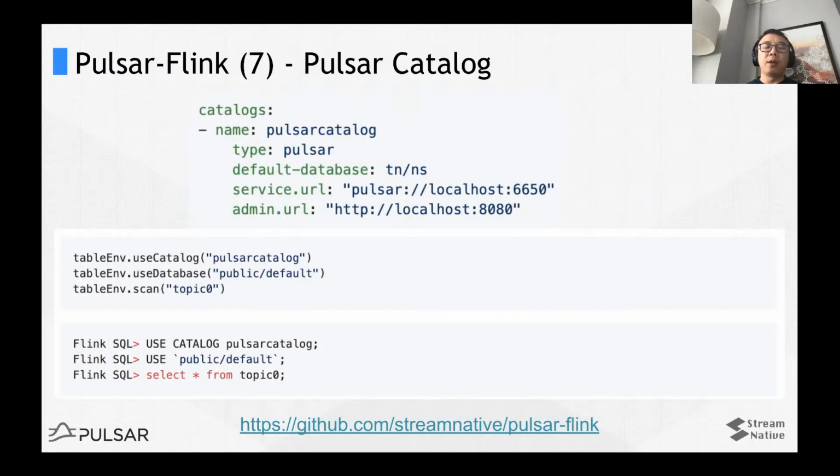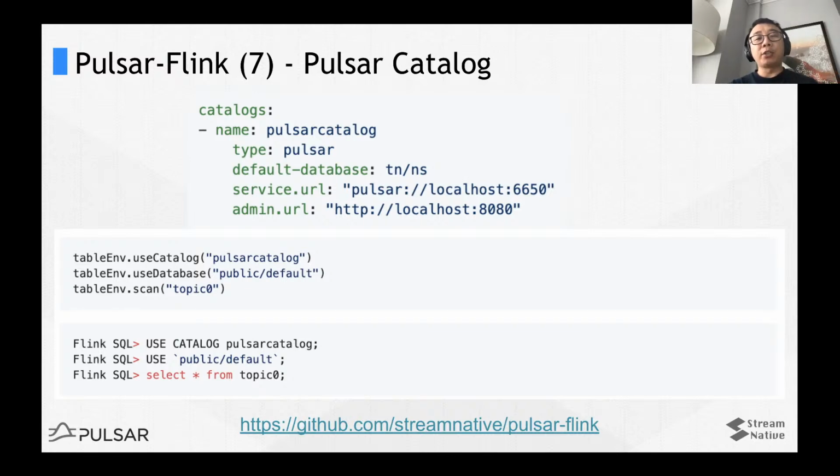And the most important thing I want to talk about here is the Pulsar catalog. The catalog is very similar to what we did in our last episode, where we talked about Pulsar and Presto integration.